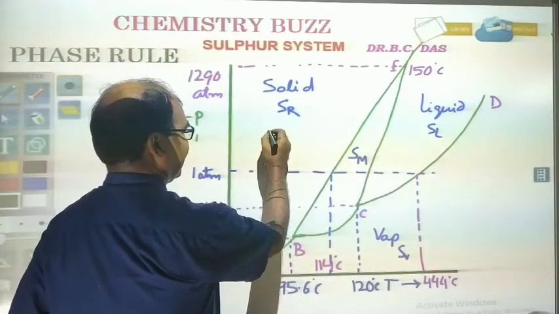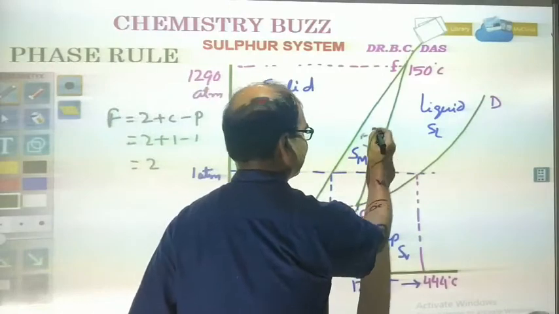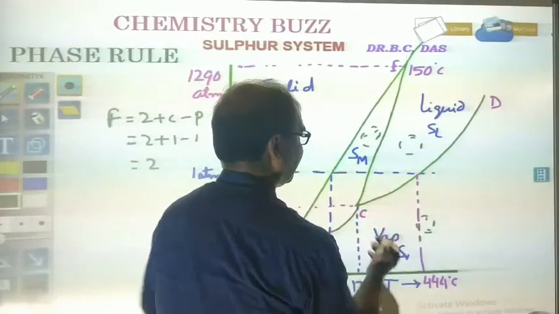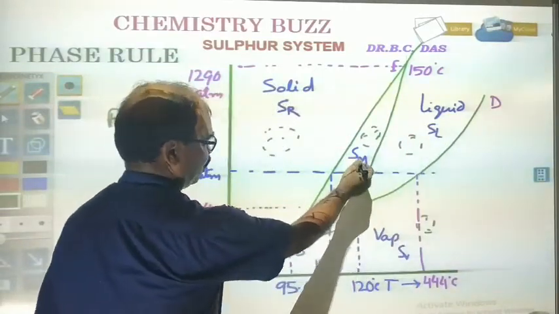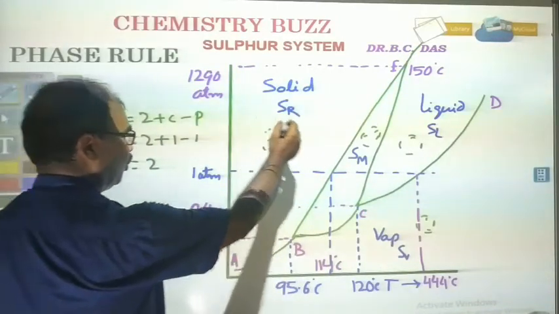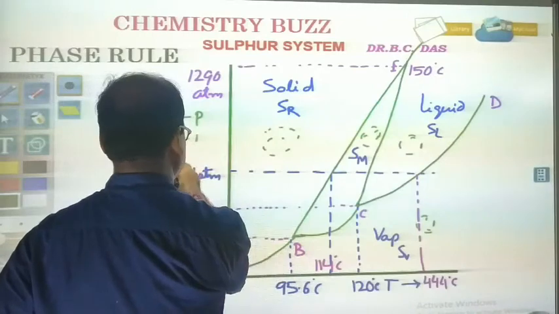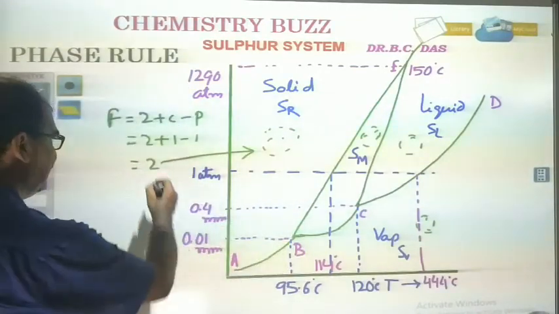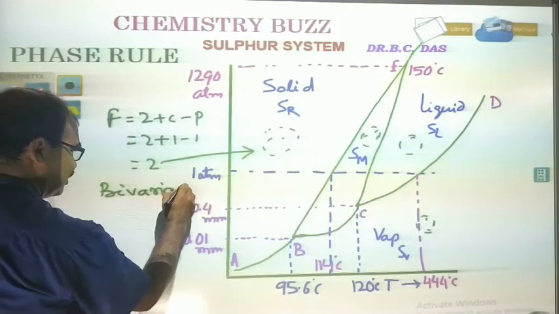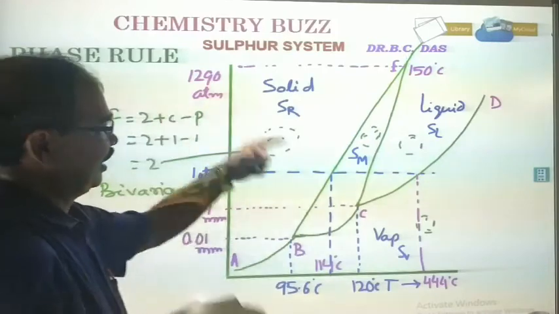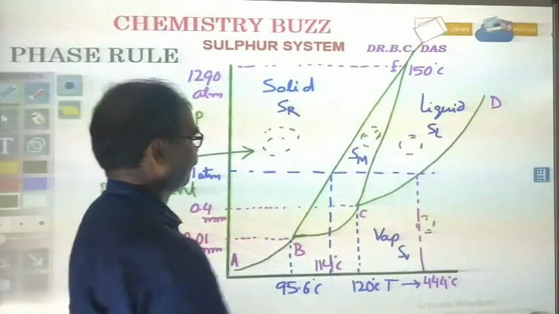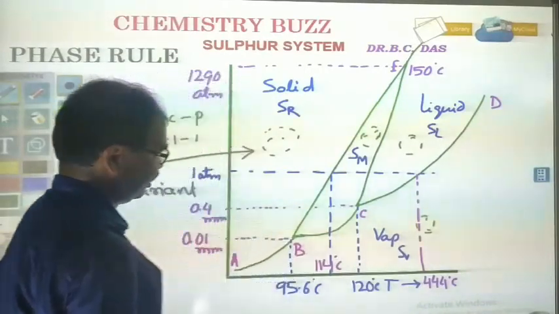So we take any point in this region or in this region. So it is pure vapor phase, this is pure liquid phase, this is pure monoclinic sulfur solid, and this is pure solid rhombic sulfur. So for this, the degree of freedom is equal to 2. So when degree of freedom is 2, it is called bivariant. Okay. So in this way, we have calculated the degree of freedom for the different parts of the diagram.